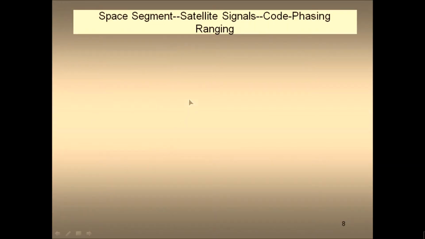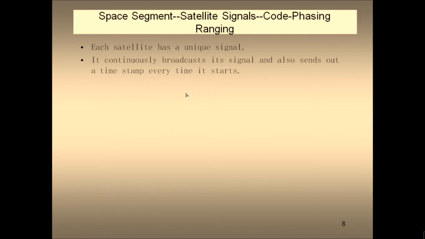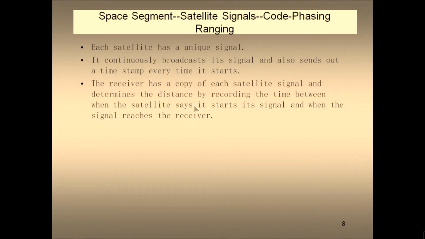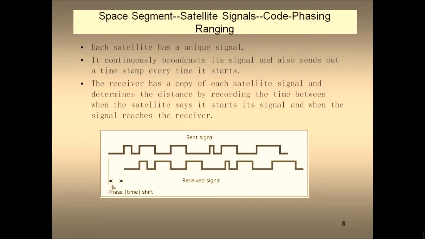Code phase ranging: each satellite has a unique signal. It continuously broadcasts its signal and also sends out a timestamp every time it starts. The receiver has a copy of each satellite signal, and it determines the distance by recording the time between when the satellite starts its signal and when the signal reaches the receiver. So this is the time shift between the sent signal and the received signal.